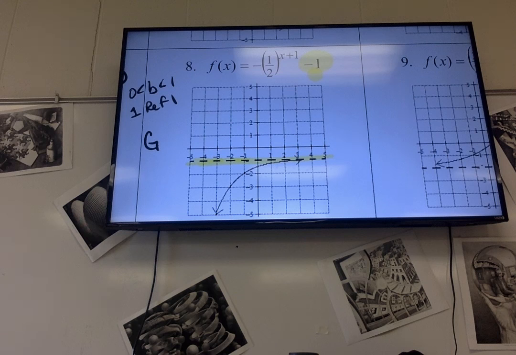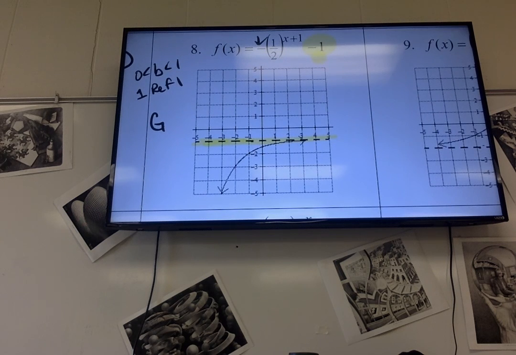How do you know there's a reflection? Because of this minus sign right here. When you have a minus sign in front, it means it flips across the y-axis. So because of that minus sign in front, and I know it's got to flip, I said across the y, but across the x-axis, that's how I know this picture should be below that dotted line.